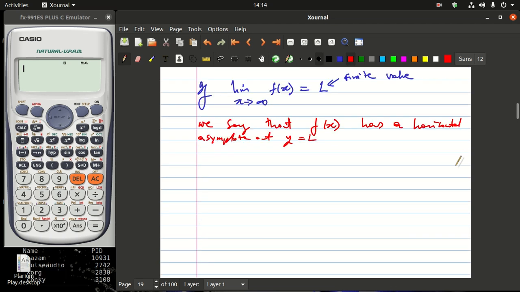So these limits, what are they there for us to do? This limit as x approaches positive infinity or negative infinity.